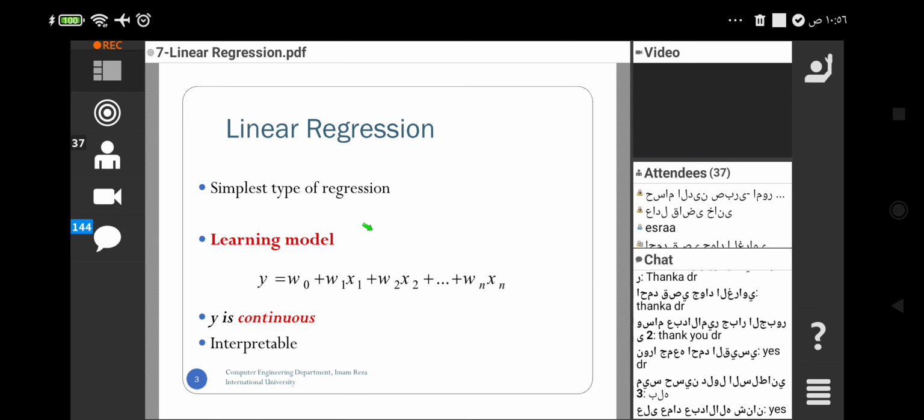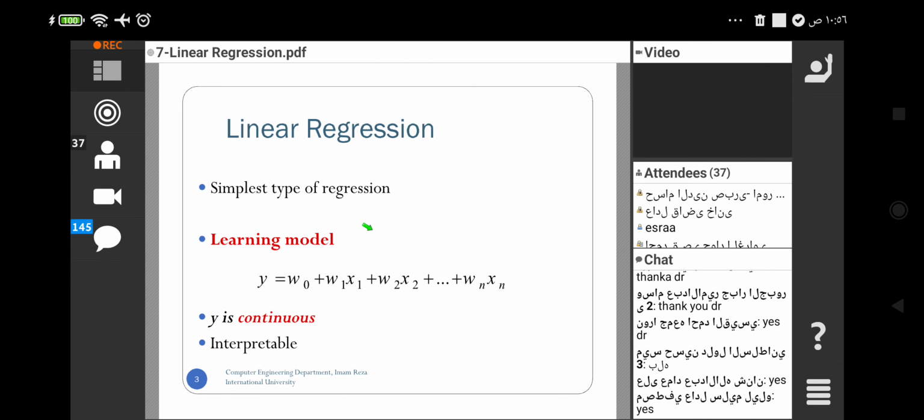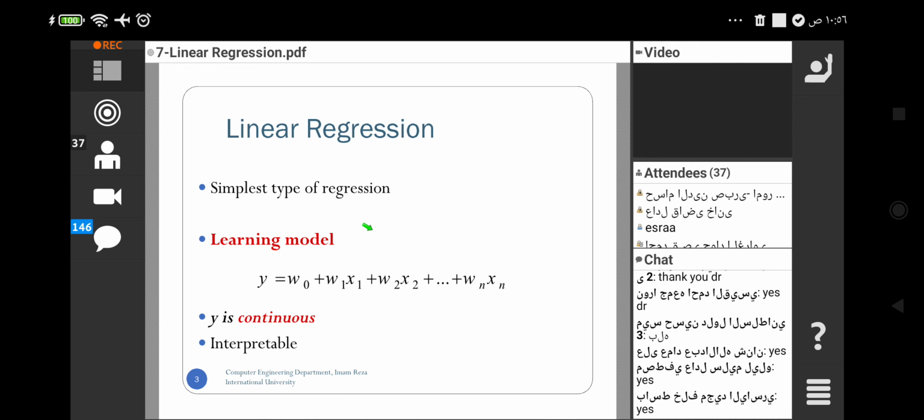The simplest type of regression is linear regression, and in this regression, the learning model is like this: y is equal to w0 plus w1 x1, plus w2 x2, plus up to wn xn.